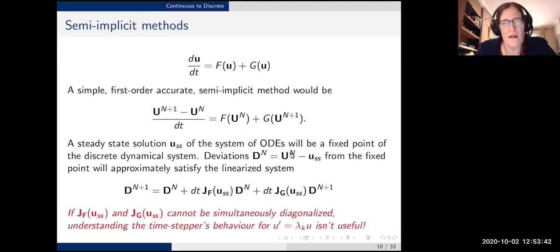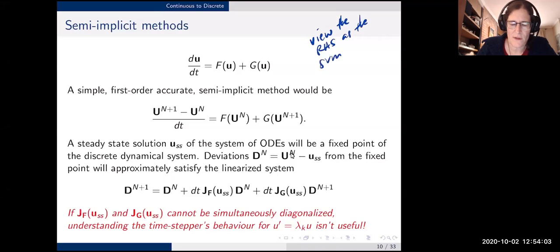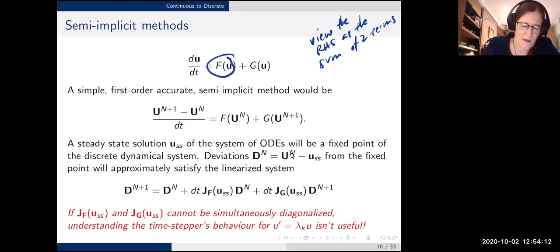Now, there's something which is different from the traditional multi-step or Runge-Kutta approach, and it's called a semi-implicit method. What you do is view the right-hand side as the sum of two terms. Often you might have one term which is nonlinear, and another term which has fast timescales but is linear.